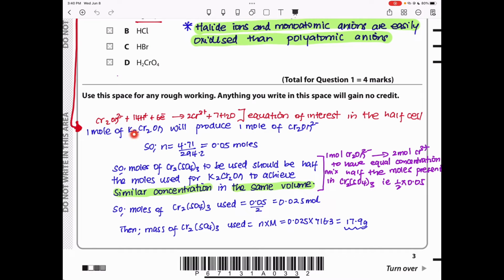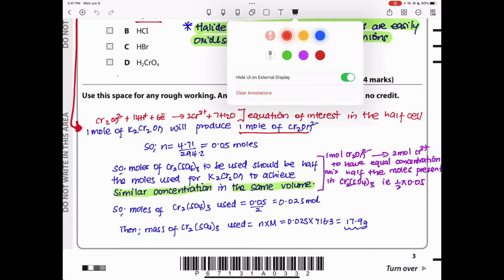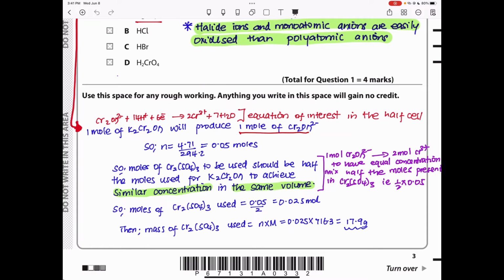In 1 mole of potassium dichromate, we have 1 mole of dichromate. So we can guarantee that 1 mole of potassium dichromate contains 1 mole of dichromate, like you see here. So if we are trying to find the number of moles, in this case we're given the mass and the molar mass.